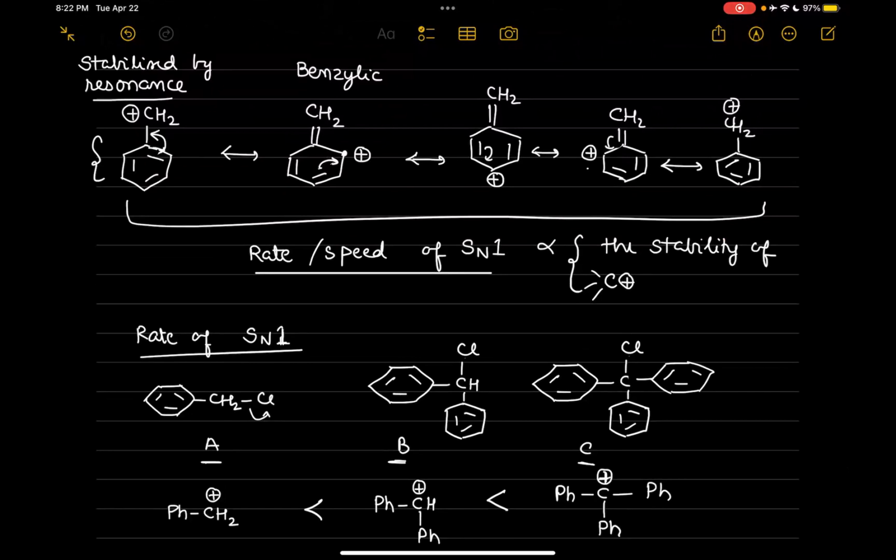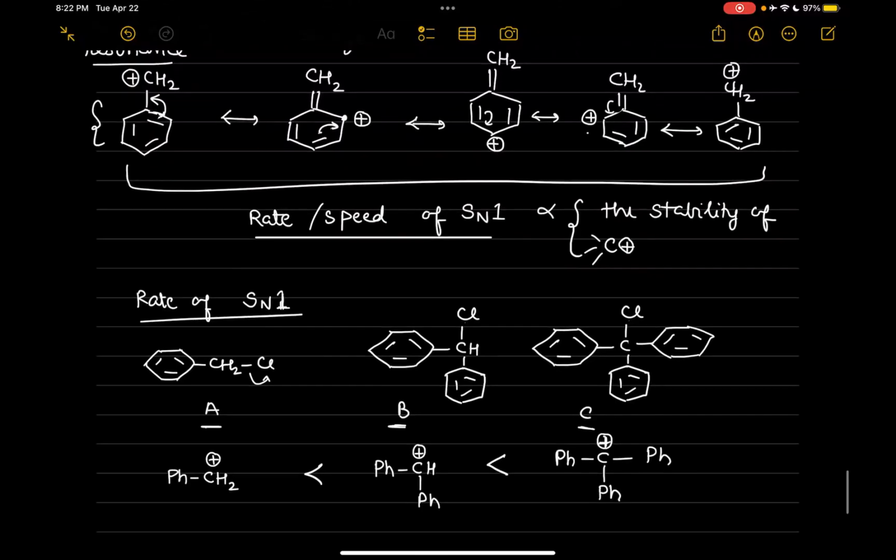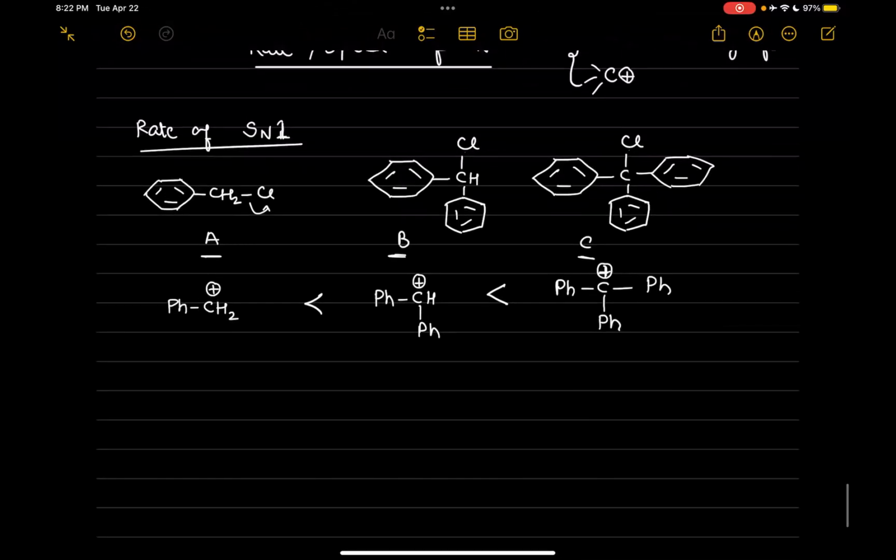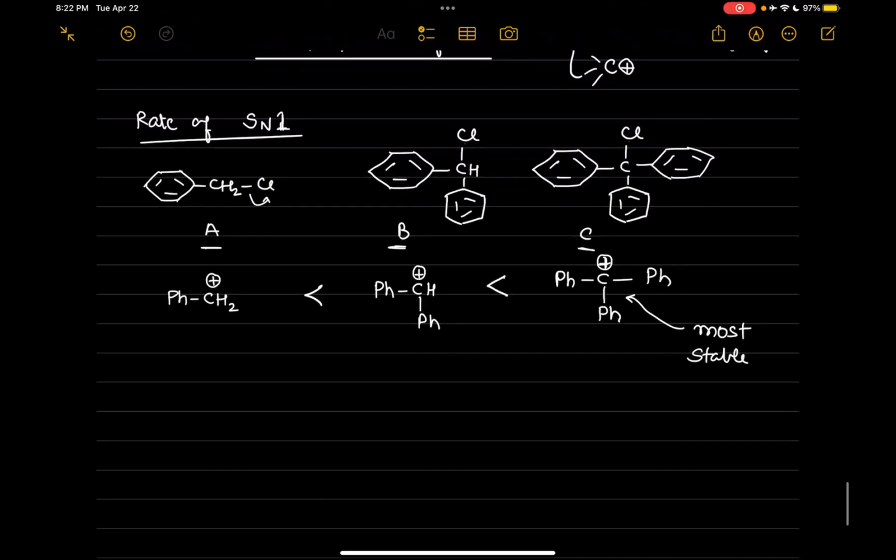What will happen to the cation? The cation is being offered pi electrons from the benzene ring from three sides. So the cation will get stabilized by resonance. So which cation is more stable? This is more stable. And because it is stable, it can form very easily, very quickly, and the speed is going to be fastest for C.